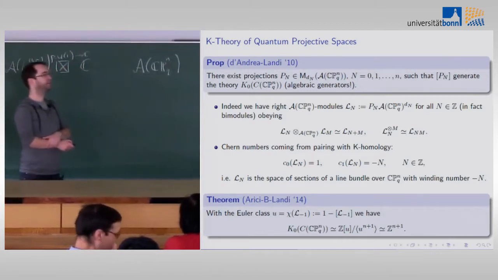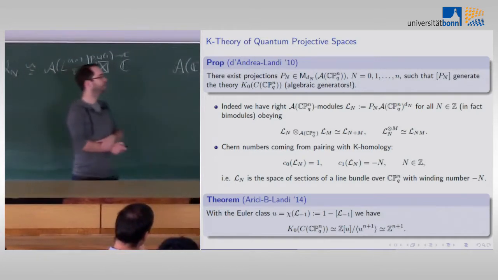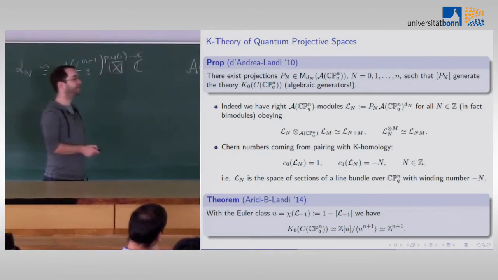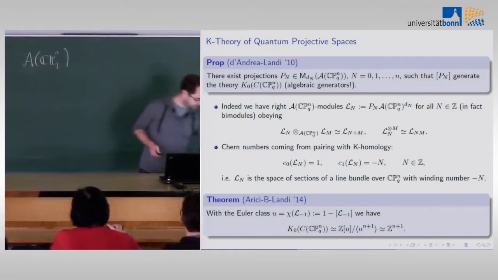And this is isomorphic to a copy of the integers to the power n plus 1. So just as in the classical case, the entire K-theory is generated by this Euler class. So that's the K-theory of the projective space.